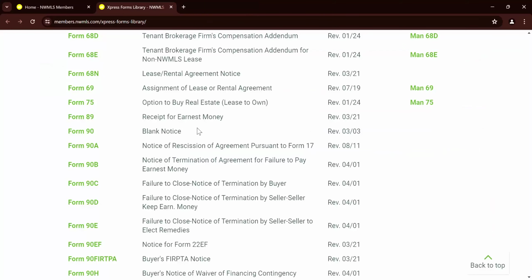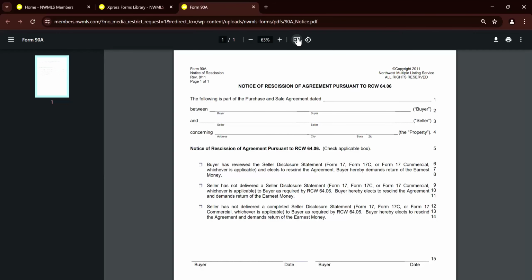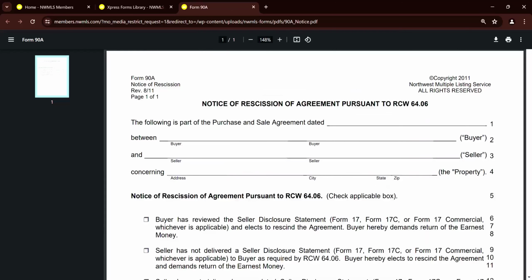So 90A, notice of rescission of agreement pursuant to Form 17. How many days do you have to review the Form 17? 3. Yep. From when? From receipt, not mutual acceptance.